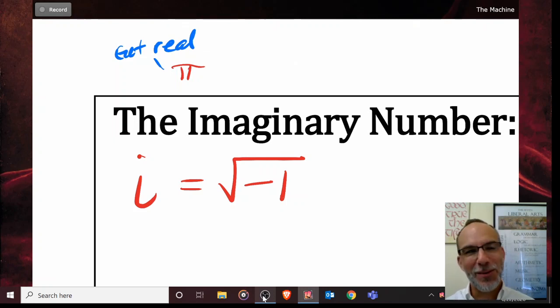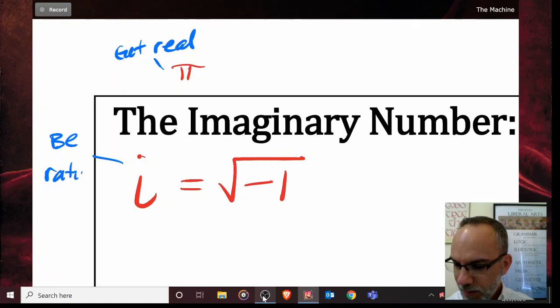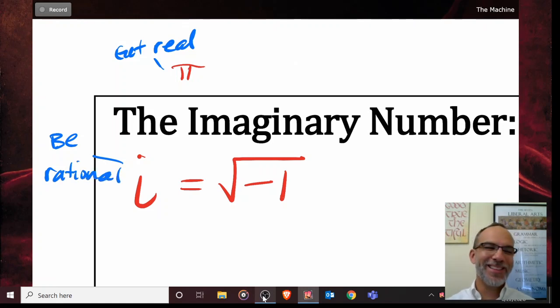Because the imaginary number is not a real number in the mathematical sense. And i would reply back, be rational. Because pi is not a rational number. Like, they're telling each other to do things that are impossible for them to do. So anyway, that would be the conversation that they would have.